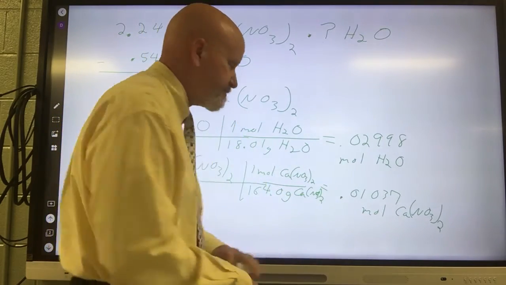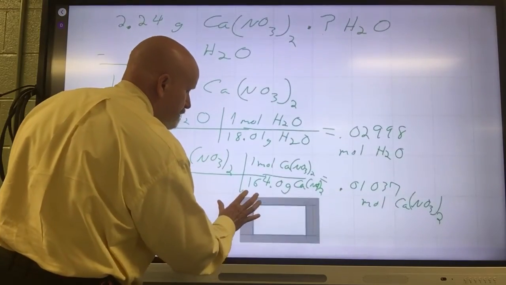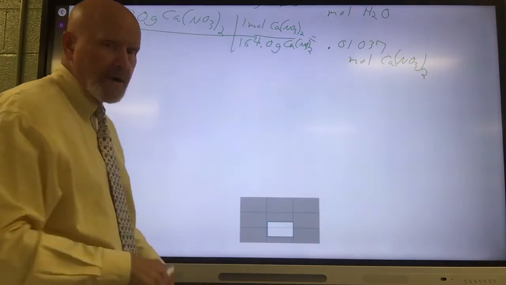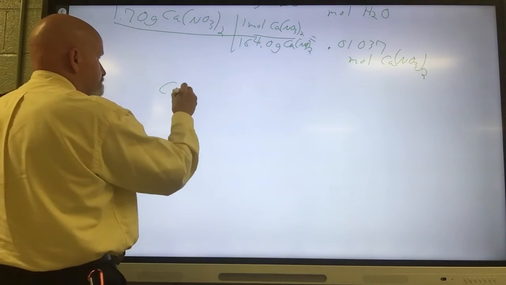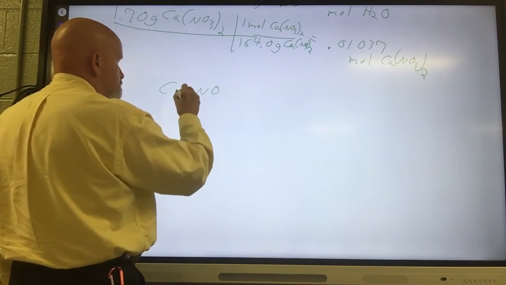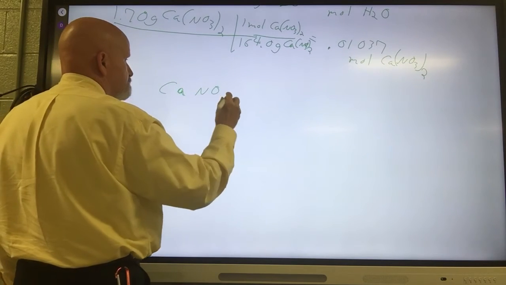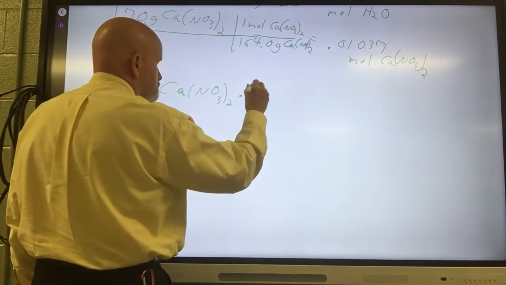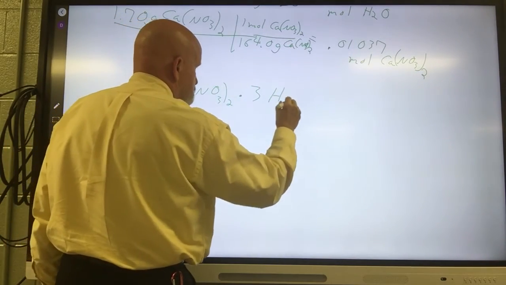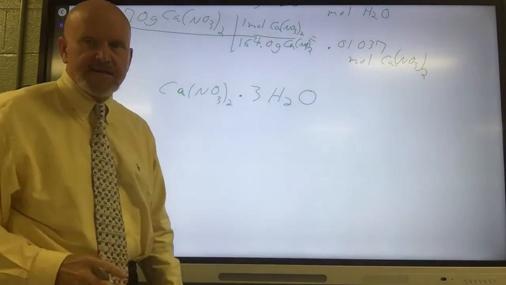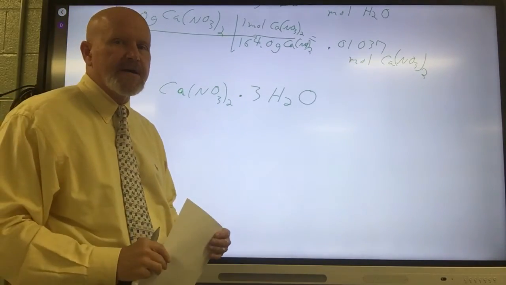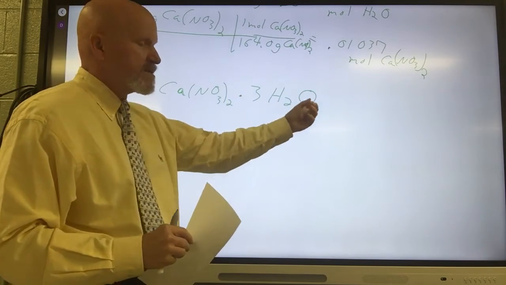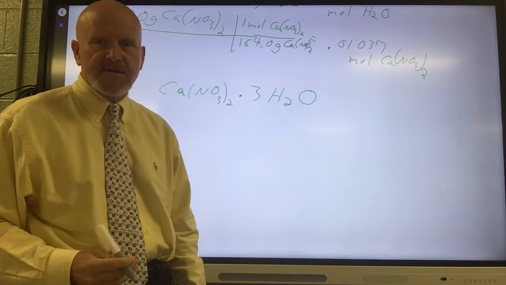So what does that mean? Well, we designate this, because it's not a typical type of bond or strong attractive force, you put a dot right there and then say how many waters are attached to each calcium nitrate.